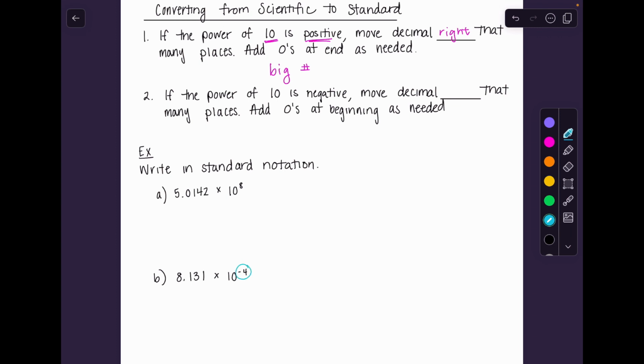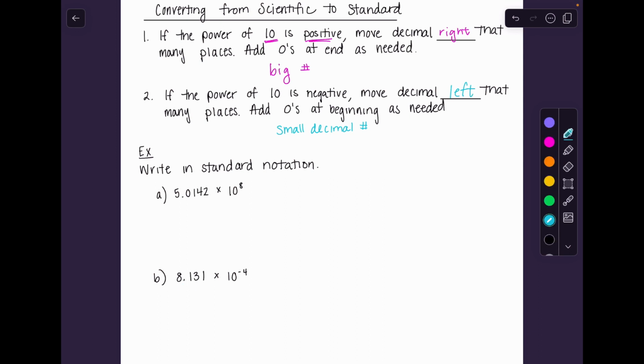In the case you have a negative exponent, like in this second example, that's going to have to give us a very small decimal number. So I'm going to move my decimal in the left in this direction. Okay.